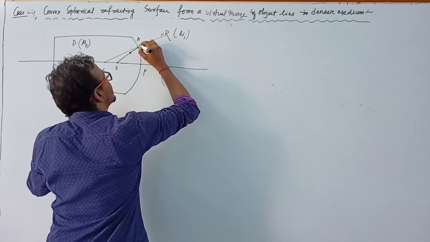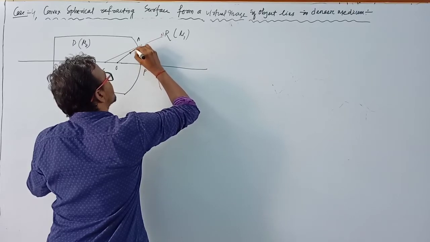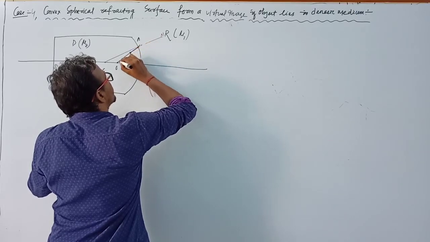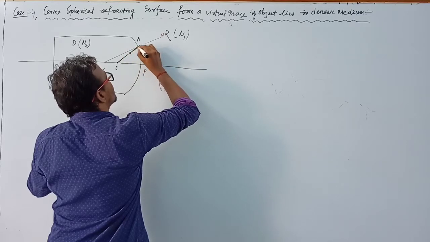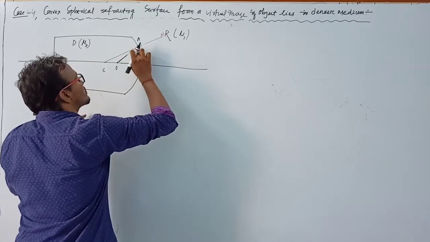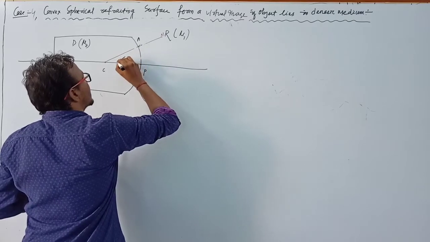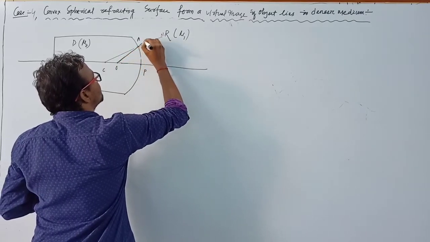This is the incident point. The ray diagram should be perfect.